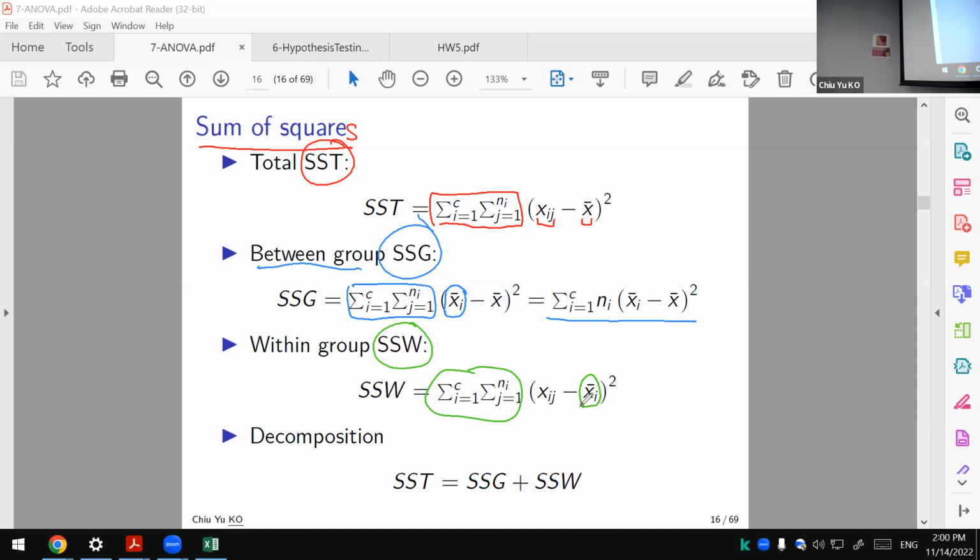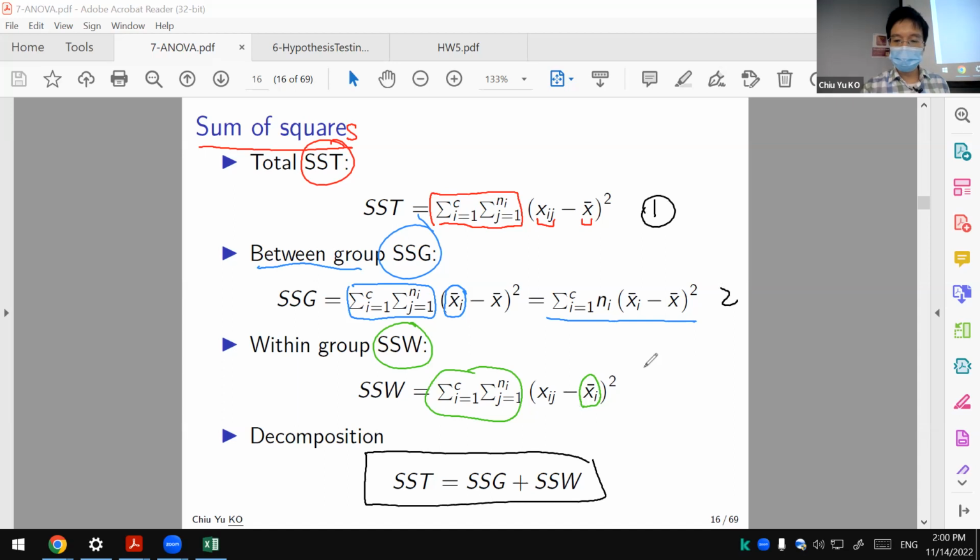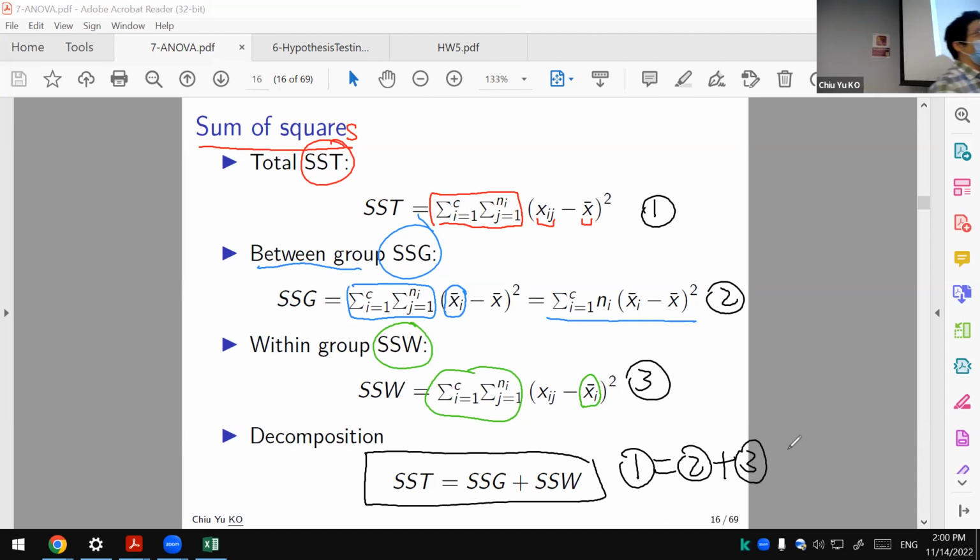Okay, and it turns out, the math we don't prove, the important equation, which says 1, 2, 3 means 1 is equal to 2 plus 3. Okay, we are not going to prove it. The proof is not difficult, but we're not proving it, but we will show it to you in the graph.